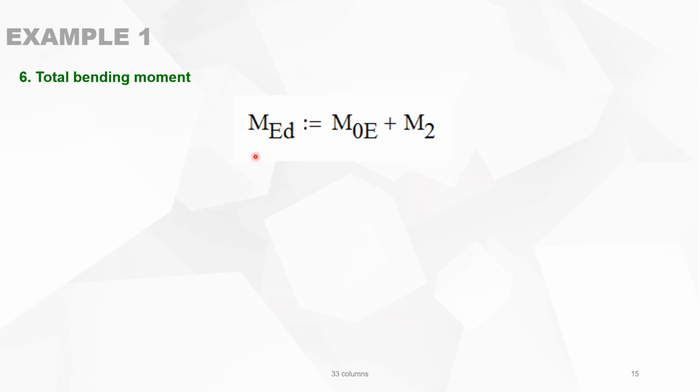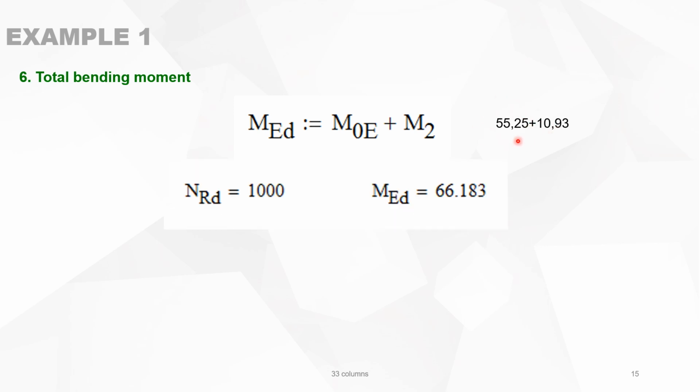It means that the column must be checked for bending and normal force, but the bending moment must be increased to the first order bending moment plus the second order bending moment. And you see the second order bending moment is almost 1/5 of the total of the primary bending moment.